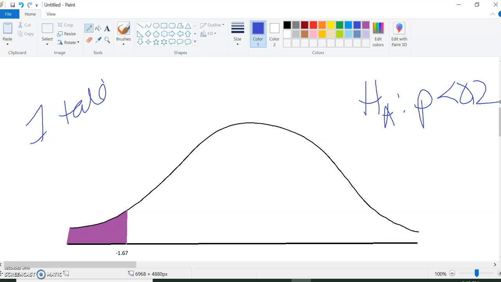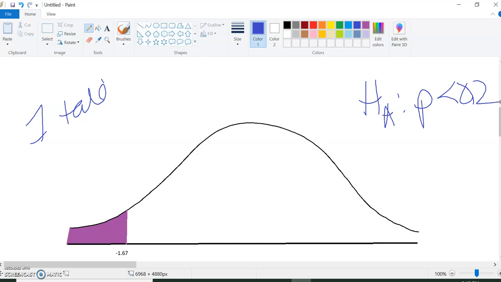I can either have two if I'm not equal to, or one or the other. If I reject, that means I am in that area in whatever color I decide to make my rejection area this time. And that means I am either smaller than the negative or larger than the positive. In a one-tailed, I only have one or the other. Now, what does that mean again?